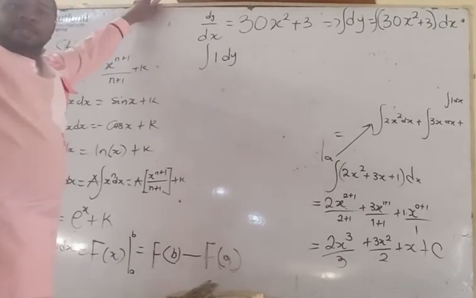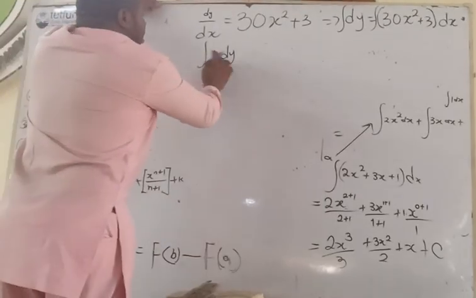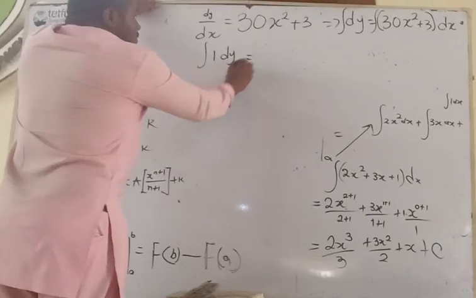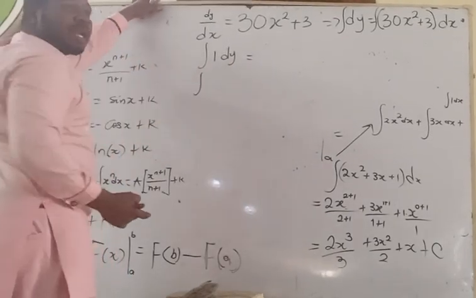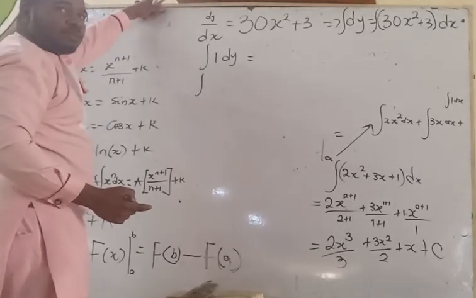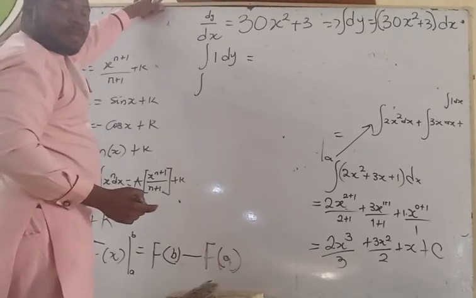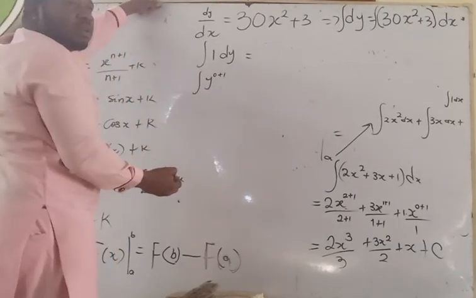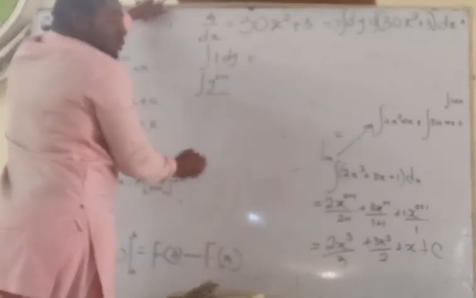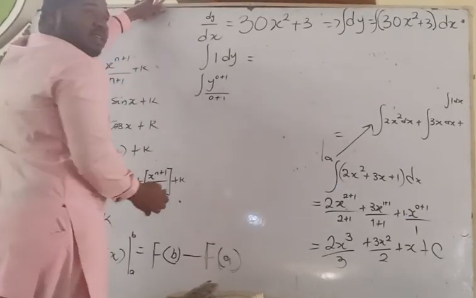Now, let's simplify all of this part. What is the integral of 1 dy? It's the same thing as saying y raised to power 0 plus 1 upon 0 plus 1.